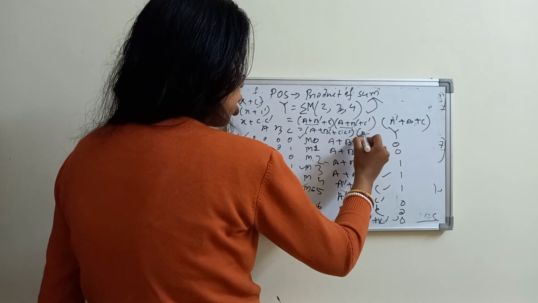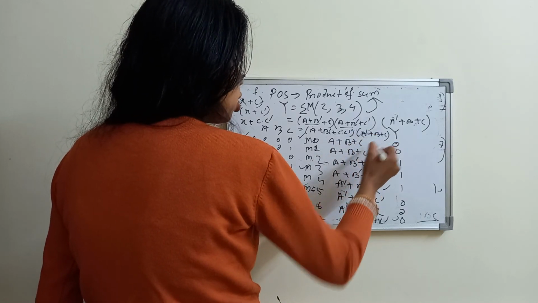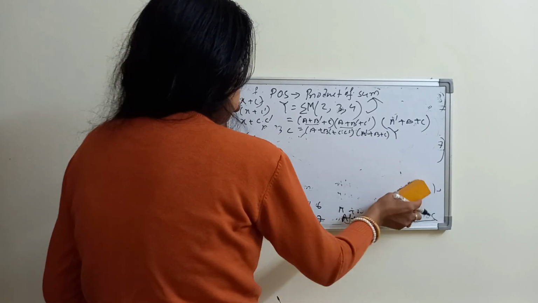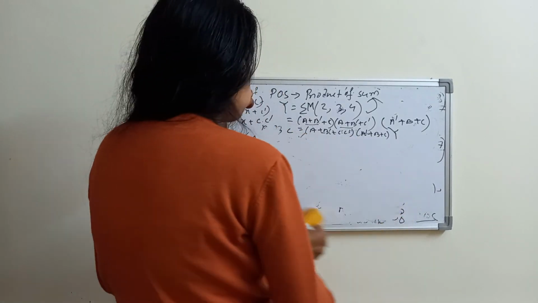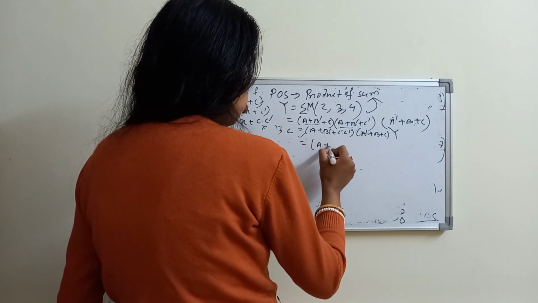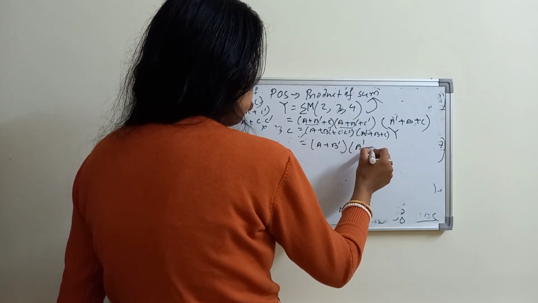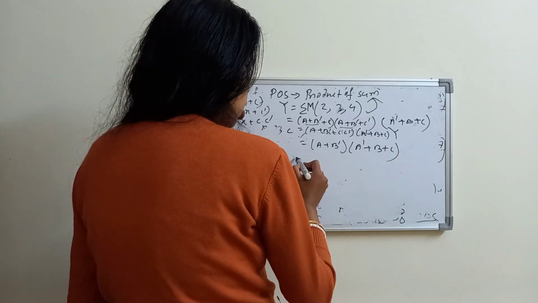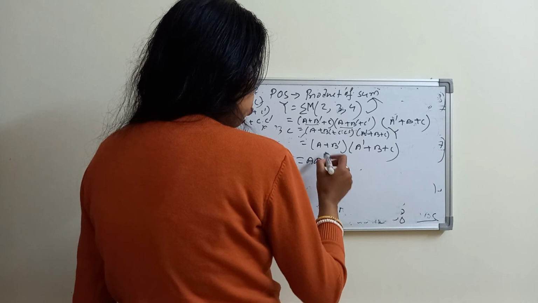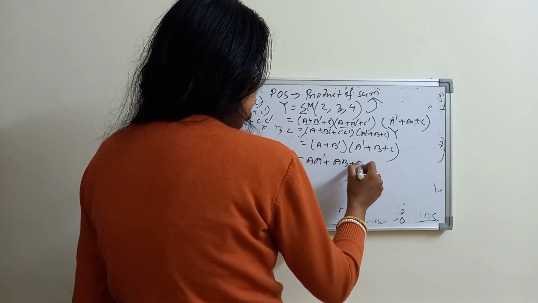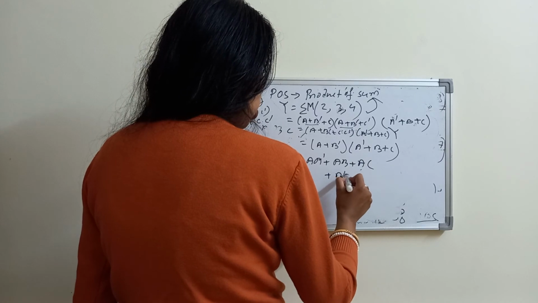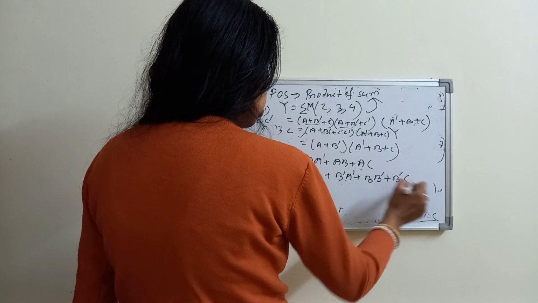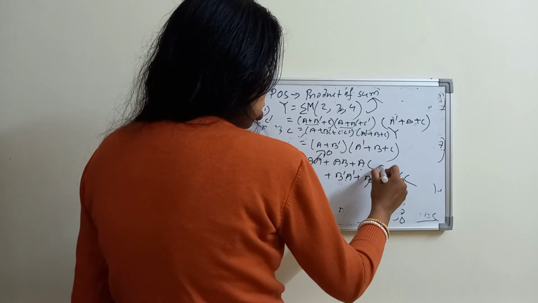Here I am writing A plus B prime, and it is A prime plus B plus C. Now again if you want to multiply, A dot A prime, AB, AC, A prime B prime, B B prime plus B prime C. So this will also be 0, this will also be 0.